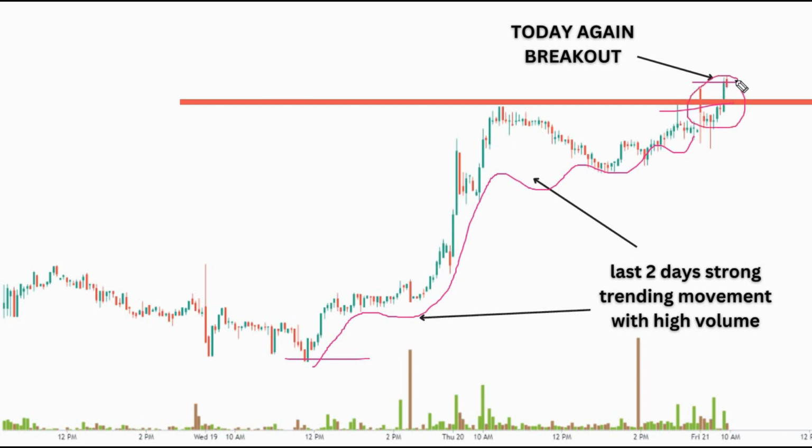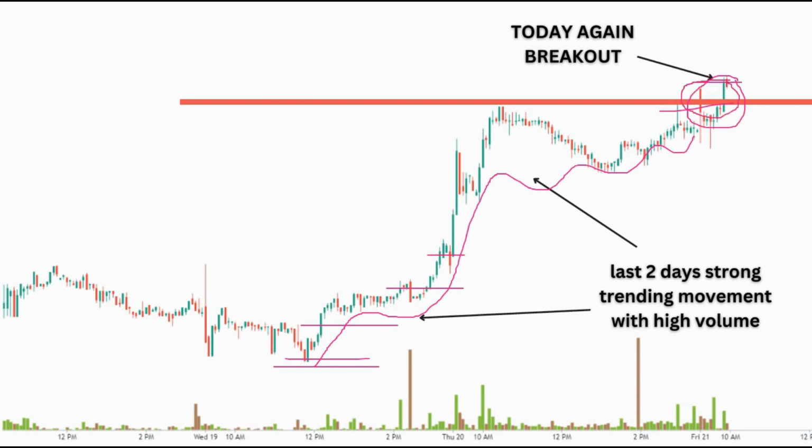This kind of breakout is a very, very low probability trade setup. Why? Because the buyers who bought from here would start booking their profits around these levels.